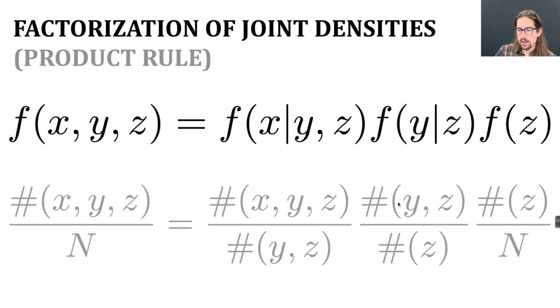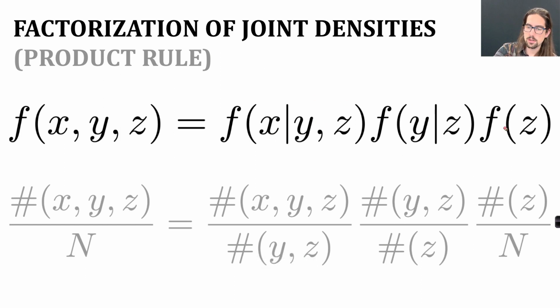And then here I would have an x comma z, and then a z and a z, which means that up here, if it's x, y, z divided by the count of x and z, the only thing that's free is the y. So this would have been f of y, and then this would have been x, and then this would have been x. And so it actually doesn't matter what order you factorize things in.